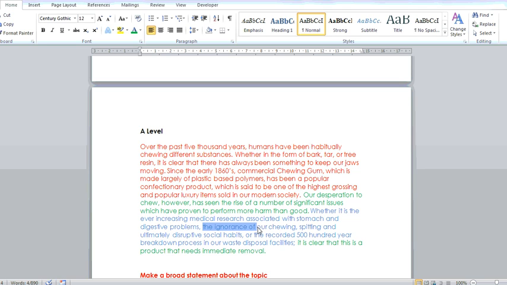The ignorance of our chewing, spitting and ultimately disruptive social habits, that's nominalization. Or the recorded 500-year breakdown process, that's nominalization. And lastly, waste disposal facilities, that's nominalization as well. So you can see that the thing that really makes this feel polished and well communicated is the fact that they're nominalizing their language, which makes it seem much more formal.